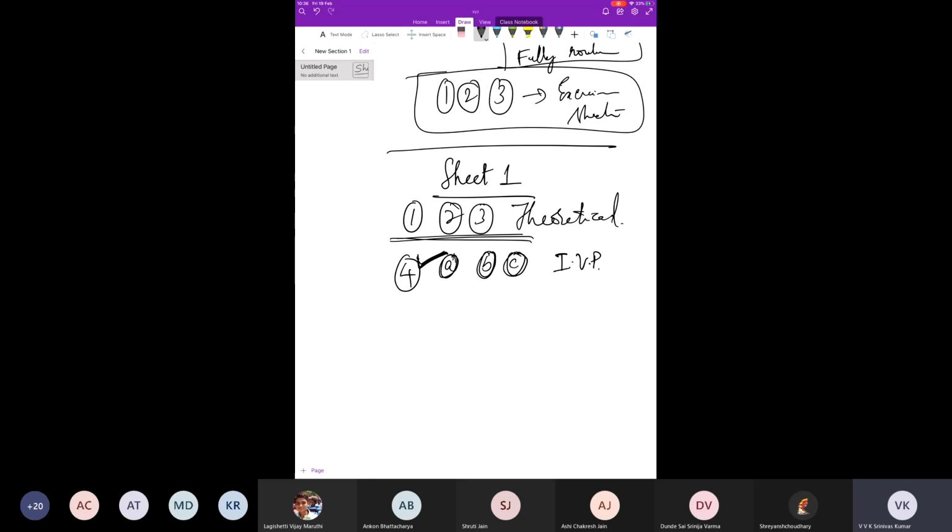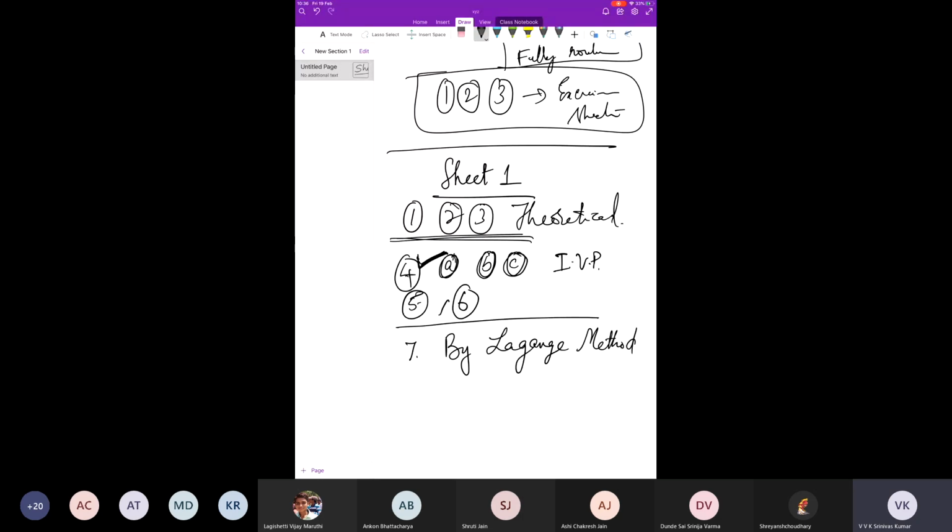The 5th and 6th problems are also the same. Try to finish 4, 5, 6. The 7th is by the Lagrange method.